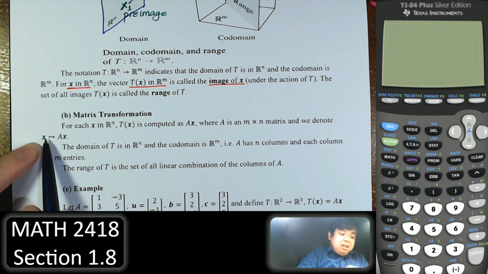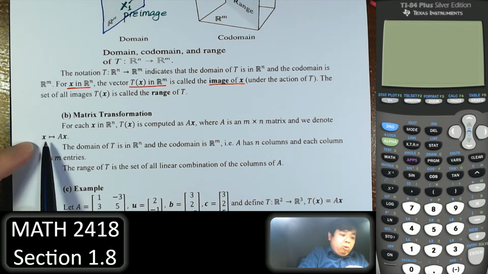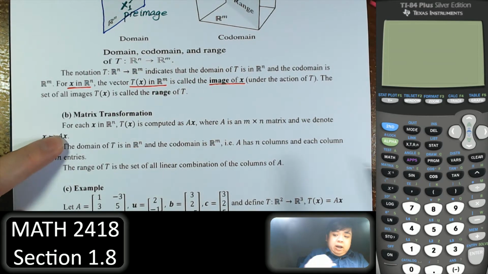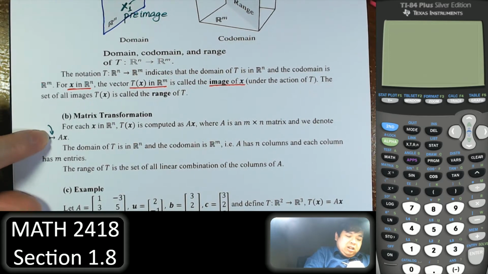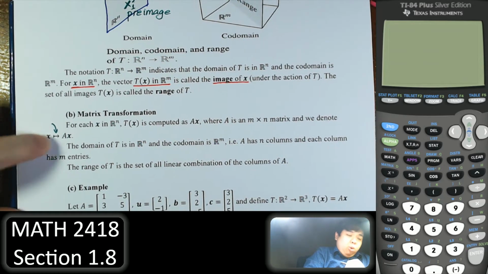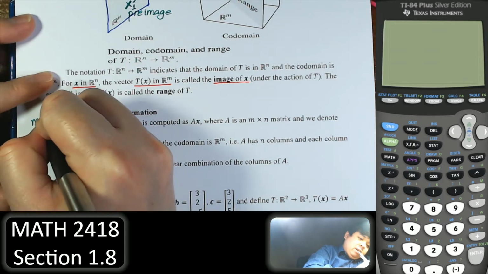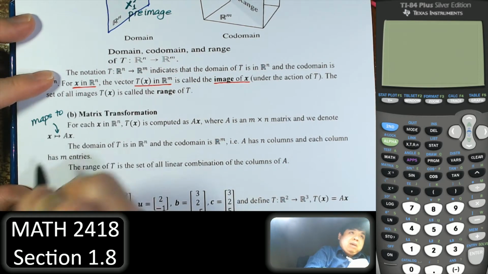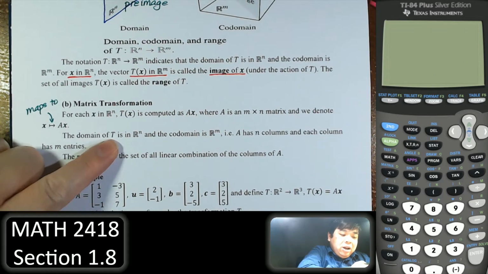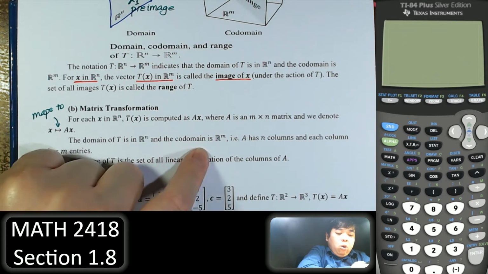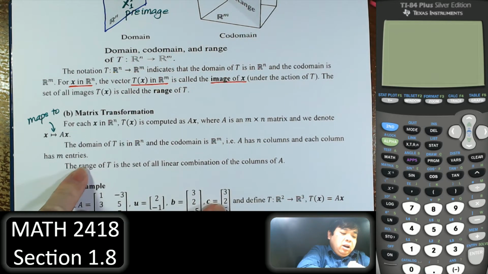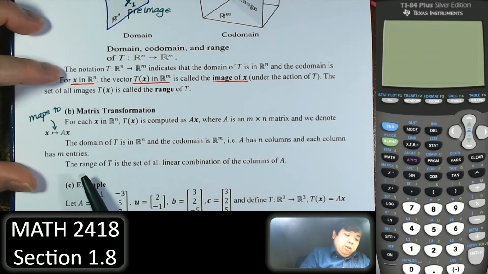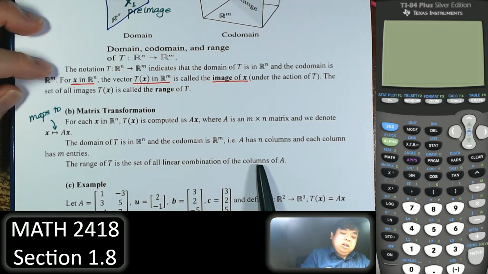However, when we write x with this arrow with a special end point, we mean x maps to T of x. The domain of T is Rn, the codomain is Rm, and A has n columns, and each one has m entries. The range of T is the set of all linear combinations of the columns of A.